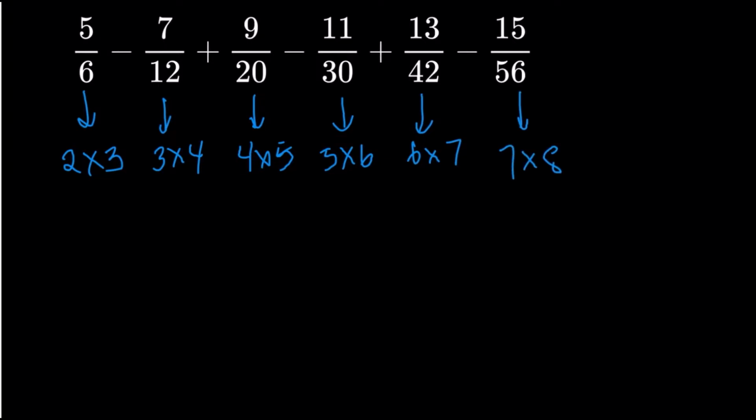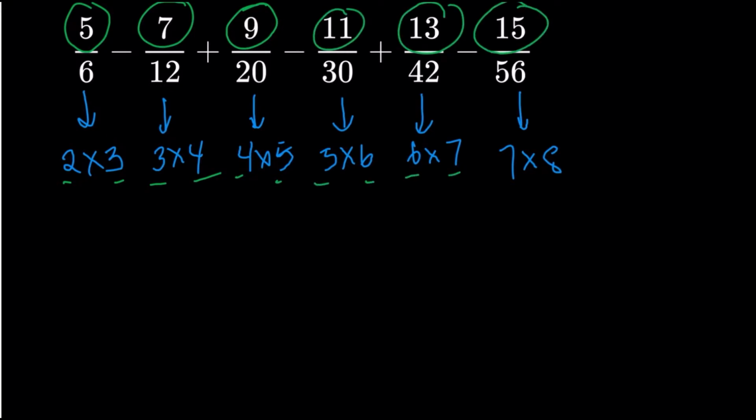With this, we can view the numerators now not just as odd numbers: 5 is 2 plus 3, 7 is 3 plus 4, 9 is 4 plus 5, same for 11, 5 plus 6, 13 is 6 plus 7, and 15 is 7 plus 8.